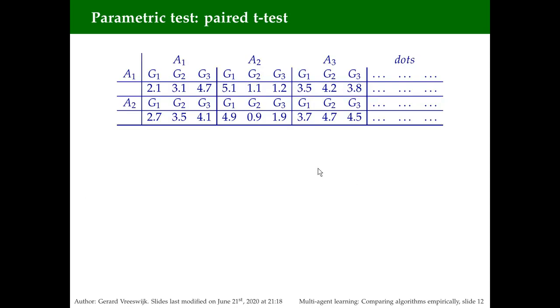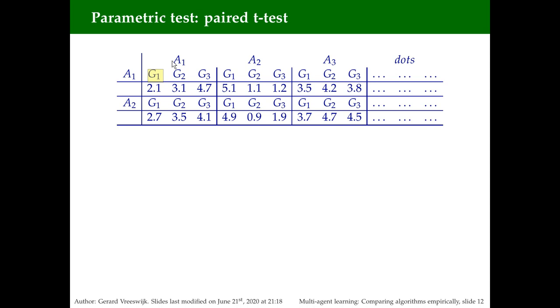So the performance was also compared with statistics, and one way to compare algorithms with statistics is through the paired Student t-test. So what you do is you have two learning algorithms, A1 and A2, and you can compare them if you can compare their performance in equal conditions. So the first equal condition for both algorithms is when they play against themselves on G1.